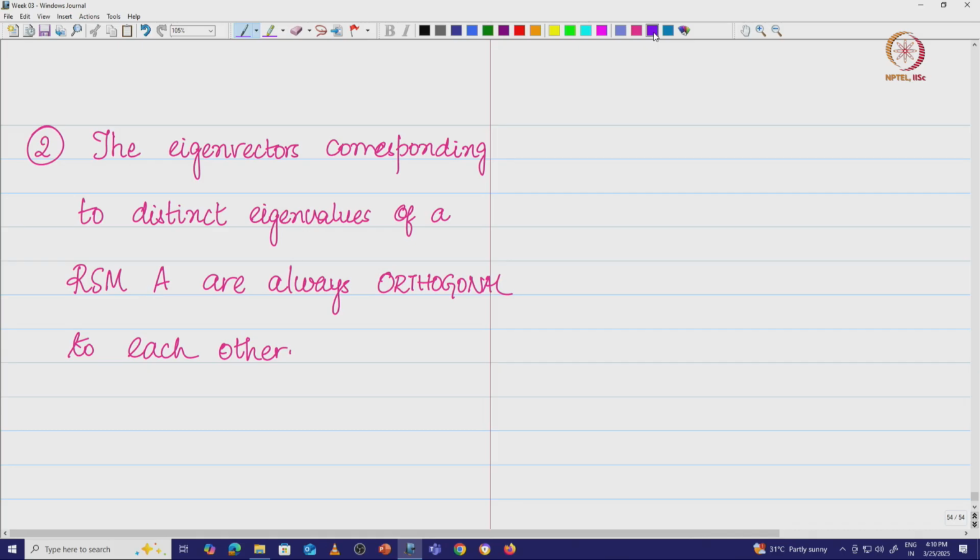So, let us look at this. Can we again prove this? Yes, of course, you have a very interesting small proof. Let us look at that. Suppose I just take distinct eigenvalues.